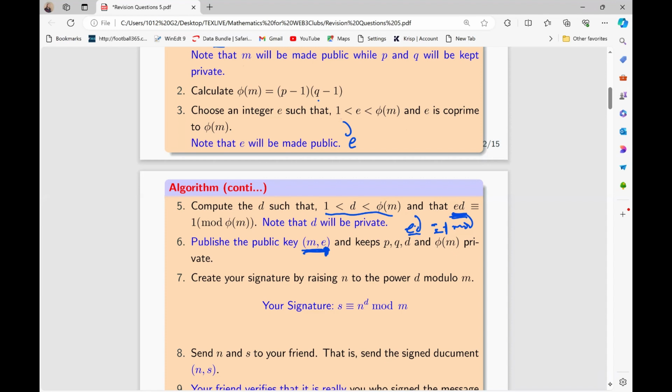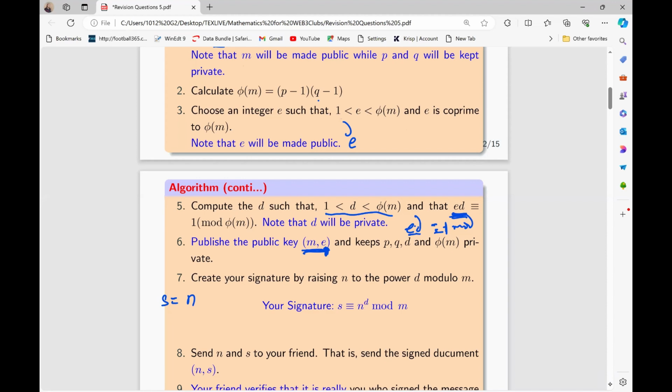Now, your message was N. You want to sign it, so the signature becomes N, the message. Of course, if it's in word form, you convert it to numbers.